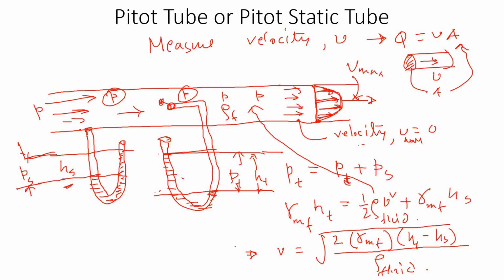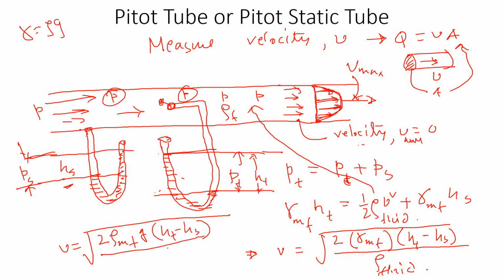If you just convert it, we know that gamma equals rho g. So we can write it for rho as well. So V is equal to, just replace that gamma of manometer fluid with rho g. So we'll have 2 times rho of manometer fluid times g times HT minus HS, divided by the rho of the fluid that is flowing inside the pipe.